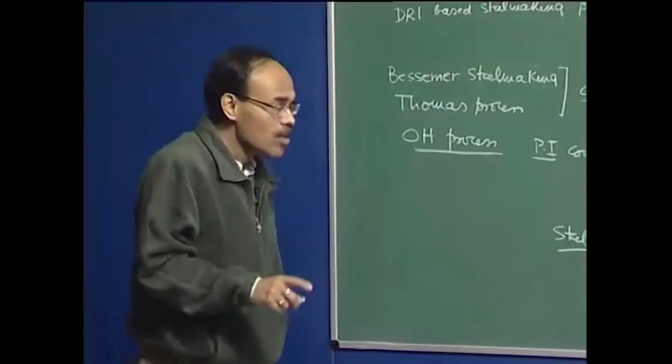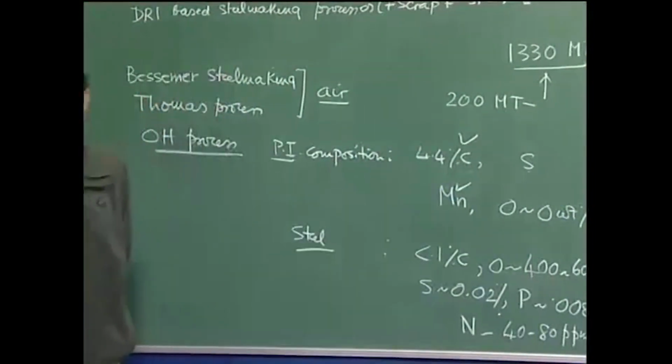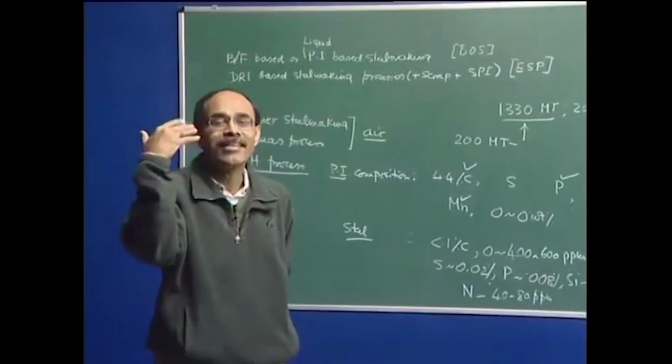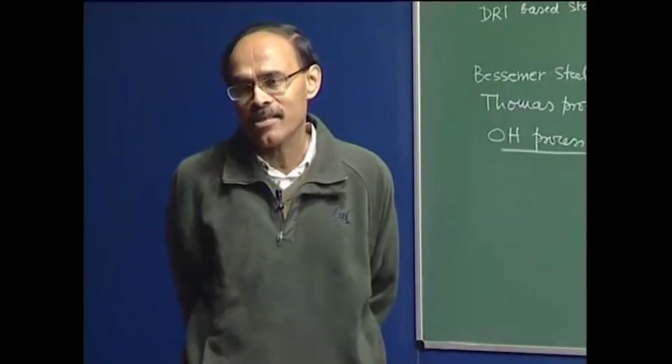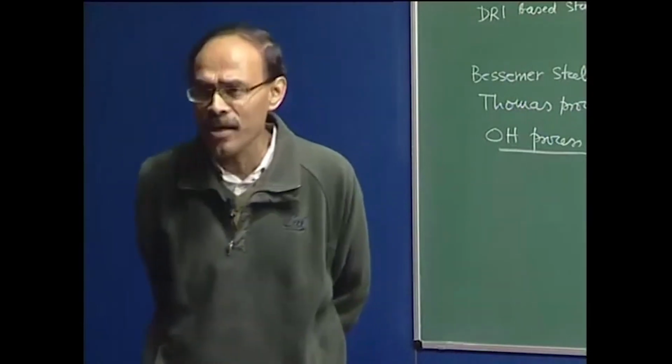Also, we must know that while blast furnace iron making depends on a fuel, because we have to meet the thermal requirements of many endothermic reactions which take place in the blast furnace. The oxide reduction reactions are all endothermic reactions. So, where is the heat going to come from?